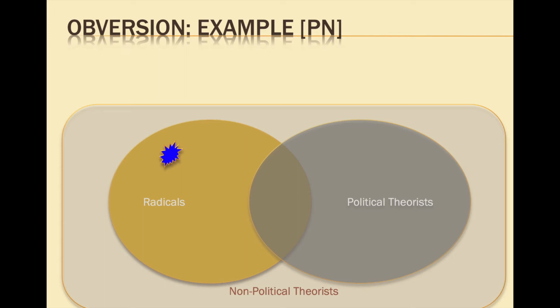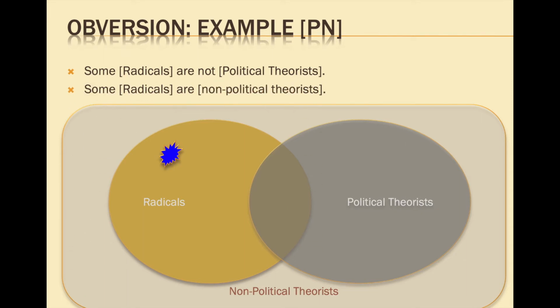You can see that clearly here. We're talking about those radicals outside the political theorist circle. So the Venn diagram is identical for both statements. Some radicals are not political theorists, the original statement, and some radicals are non-political theorists, the obverted statement, the logically equivalent statement. So that is obversion.